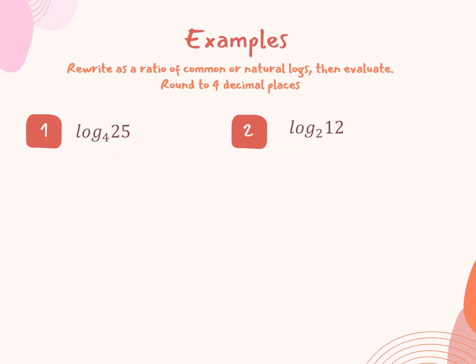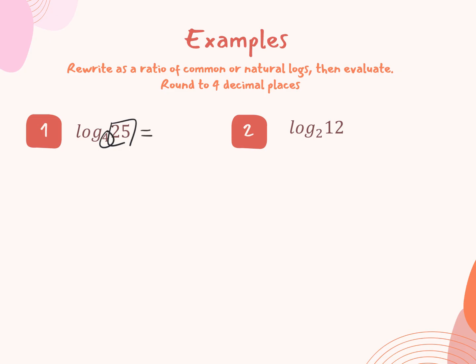All right, so in these two examples, we see a log base 4 of 25 and a log base 2 of 12. If you were to try to put this in a calculator, you would probably have a hard time doing so, right? So to find the actual value of it, we can use the change of base formula. Remember that this number on the inside is going to go on top, and then our base is going to go on the bottom, as long as we log both of them to have the same base.